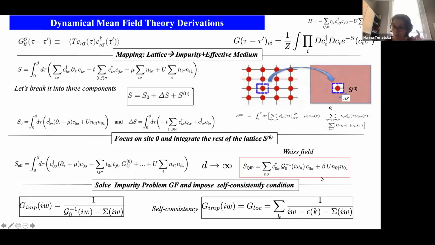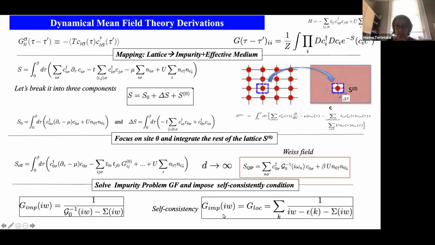Now the rest is simple, right? Because instead of solving the lattice problem, you are solving this quantum impurity problem, which is described by this action. And as a result, you can get the impurity Green's function. This comes from this action, because when you do the integration over the interactions, it will give you the self-energy term, and you have this Weiss field here. And this is not the end of the story, because you can solve the impurity problem, but these things have to be determined self-consistently.